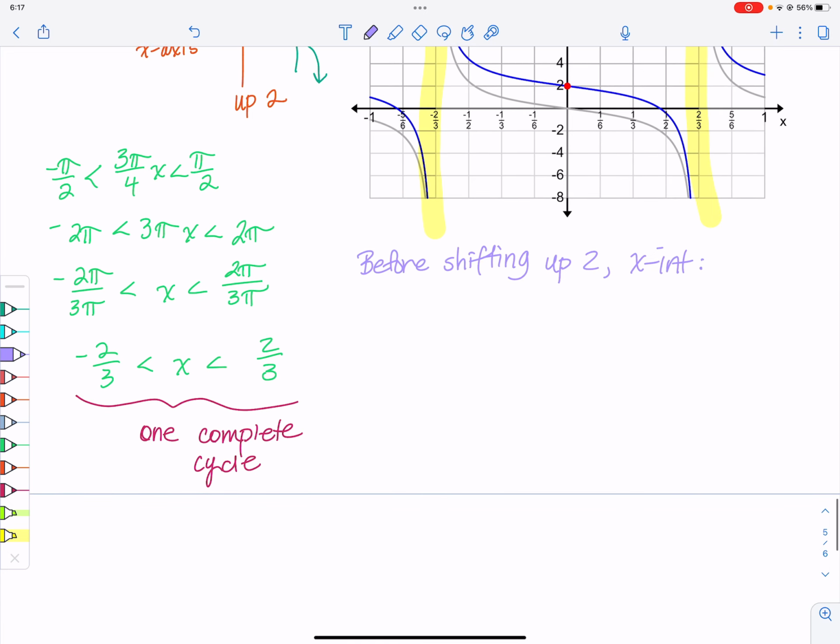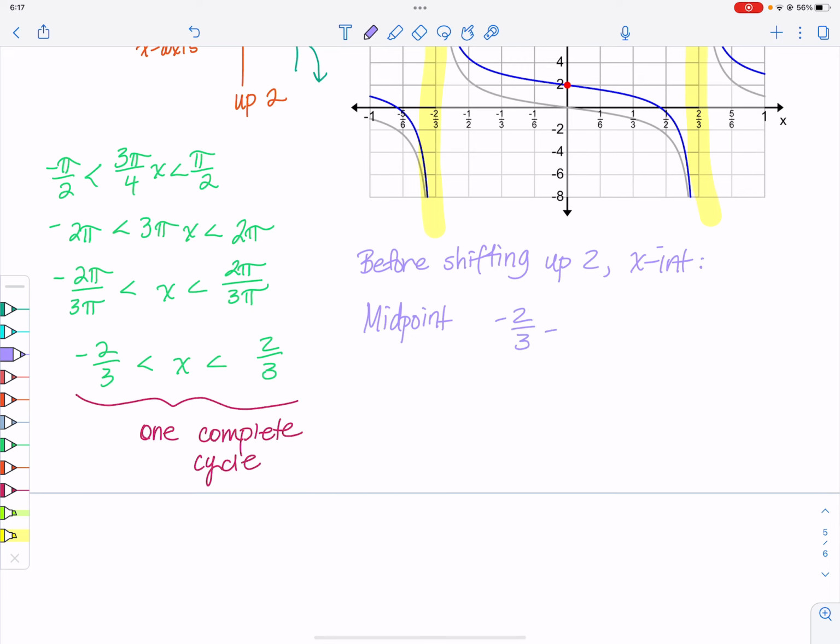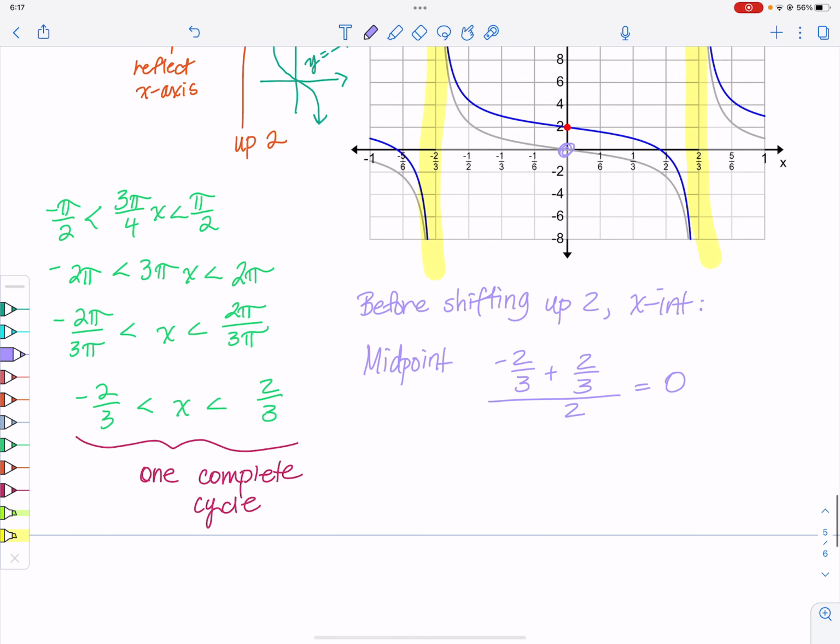So we'll take the midpoint of negative 2/3 and add that to 2/3 and divide that by 2, but that's equal to 0. So that is why we have this 0, 0.